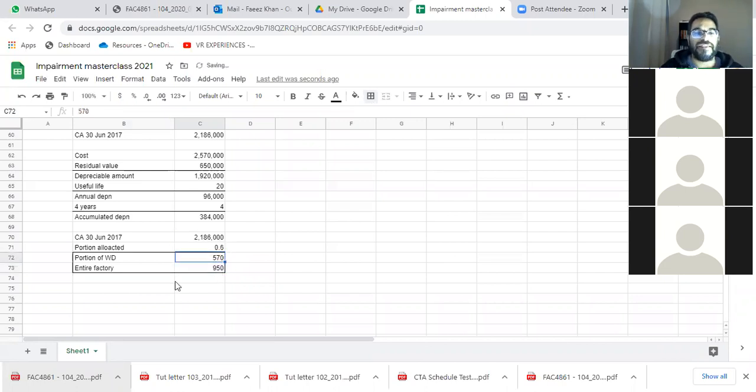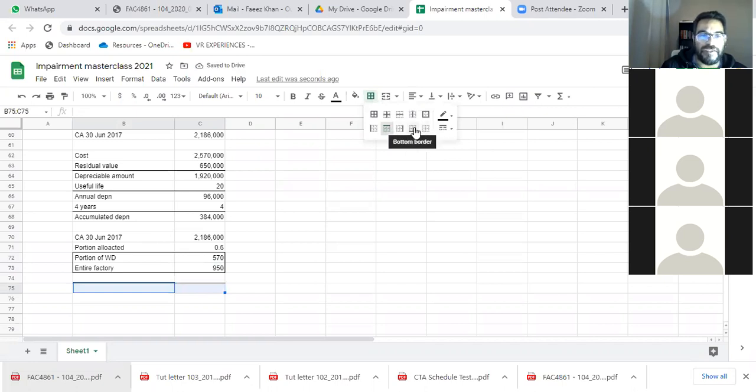So they occupy 60%. So therefore, the carrying amount allocated would be 60% of 2186. Carrying amount allocated would be equal to 2186 multiplied by 0.6. So that is the portion that will be allocated to the wholesale division.